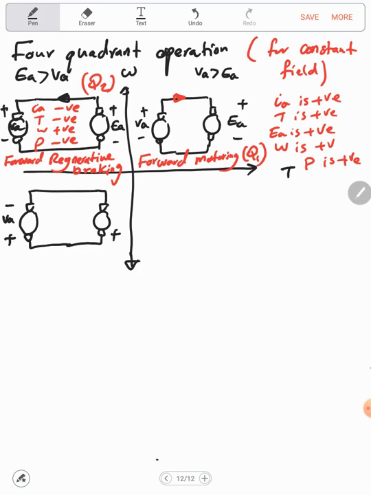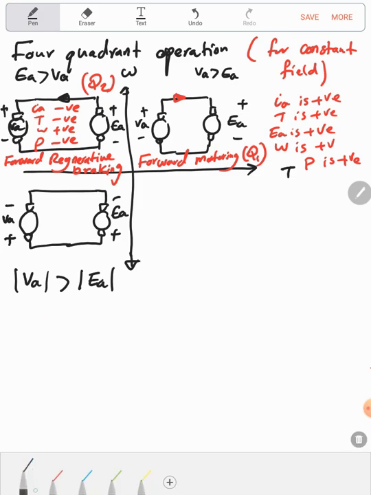So this is the plus minus EA. Now here, still we have VA as absolute value greater than EA as absolute value. And here I'm using the absolute value because I'm discussing a relative relation between negative numbers. So in order to respect the mathematics, I must use the absolute value. So omega E is negative.